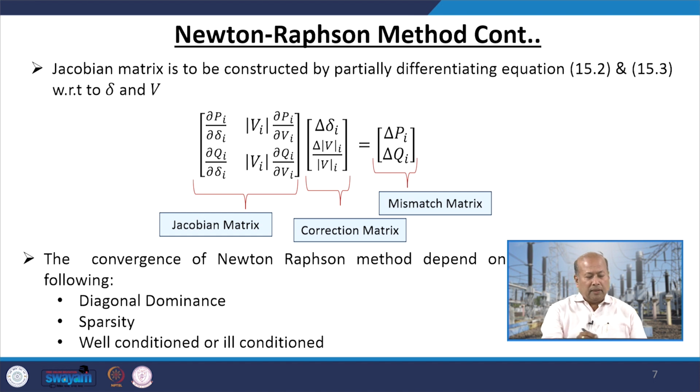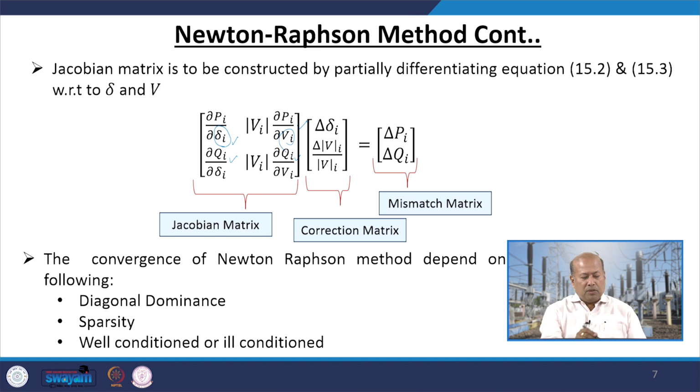So we will have dou Pi upon dou delta i, and dou Pi upon dou Vi, similarly dou Qi upon dou delta i and dou Qi upon dou Vi. That means both P and Q have been partially differentiated with respect to delta i and Vi.